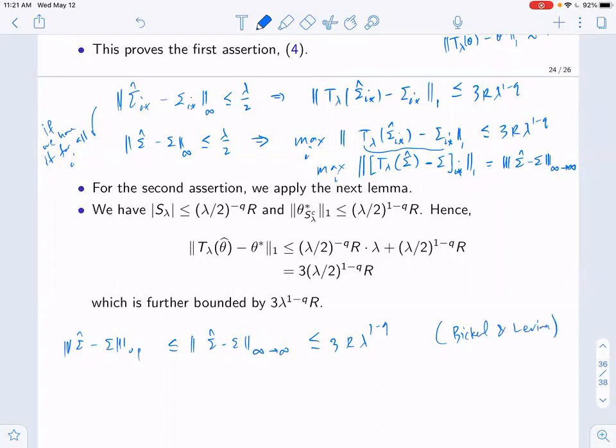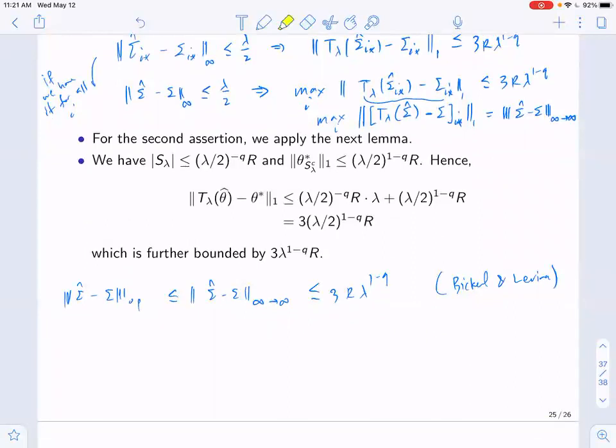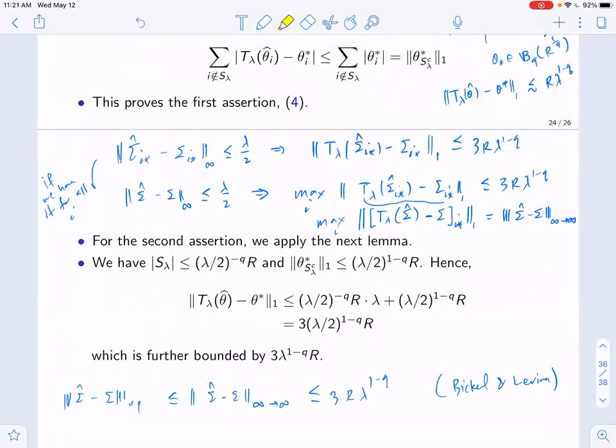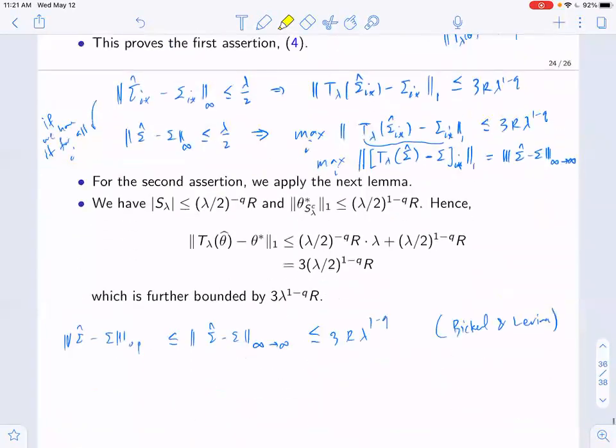In this paper, their idea was to use this inequality to bound the operator norm, and then use this row-wise to control the maximum row sum. So you can control the maximum row sum using the argument that we did. Okay.